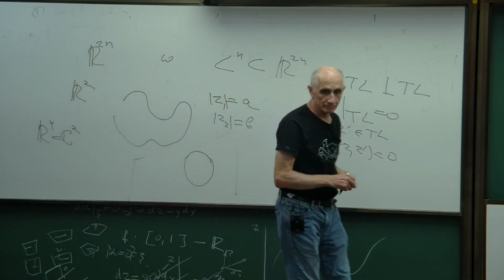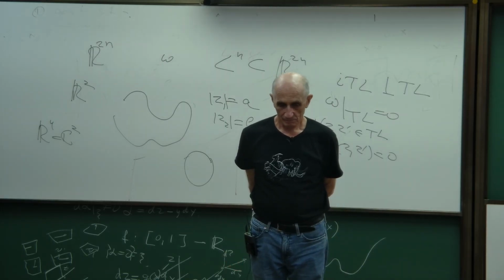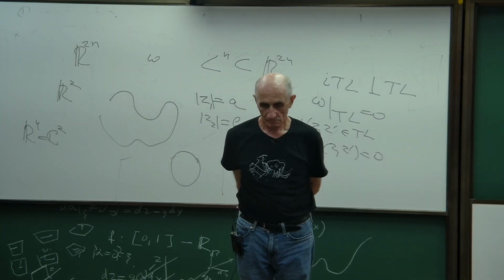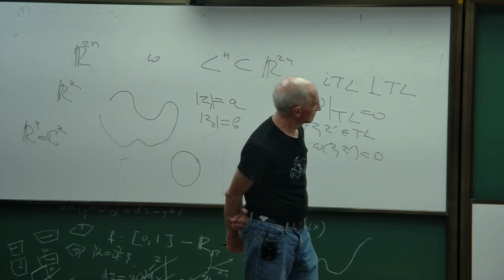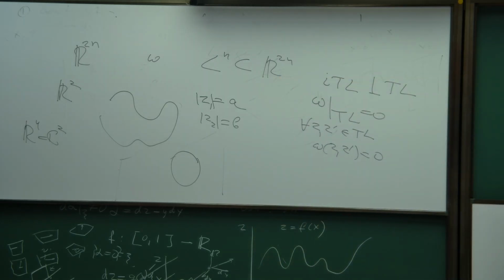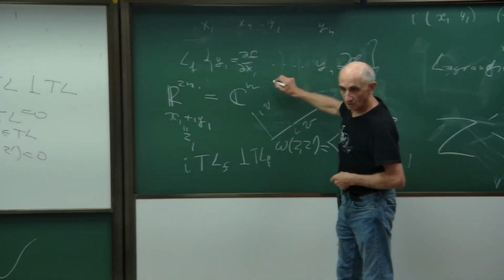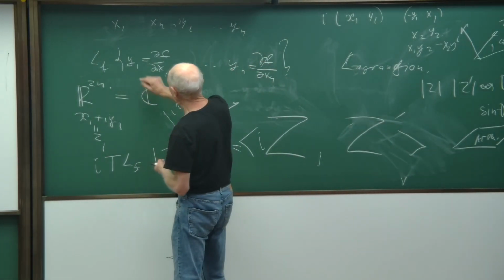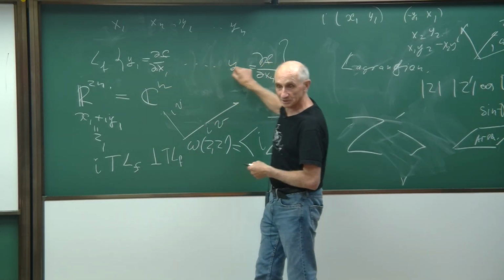So you were calling that a graph L_f of the derivative. You are not taking x. No, this L_f is just given by this equation. It's a set of points (x1, x2, ..., xn, ∂f/∂x1, ..., ∂f/∂xn).